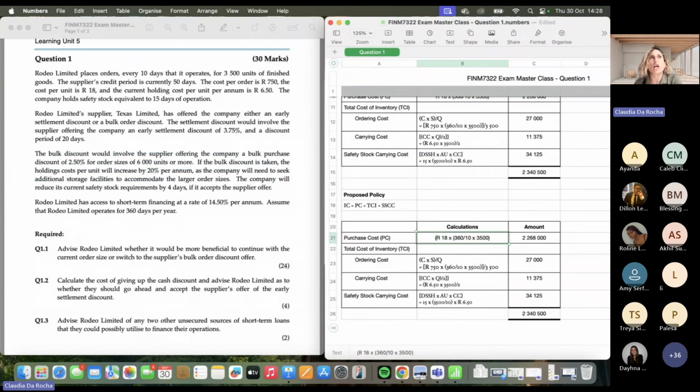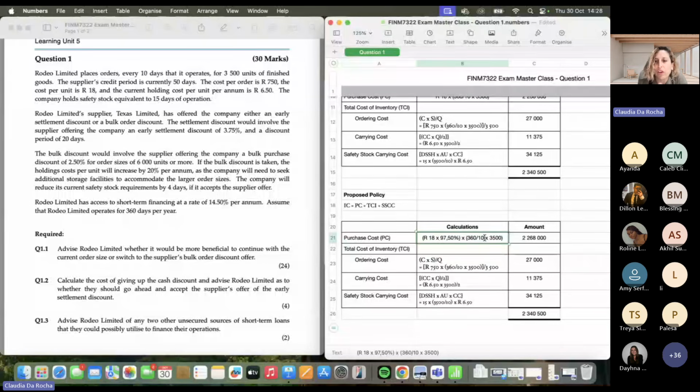Our purchase cost was initially the price of 18, but because they're going to give us the discount, we need to factor that in. So in essence, I'm taking out the 2.5% by multiplying by 97.5%, and the rest stays the same.